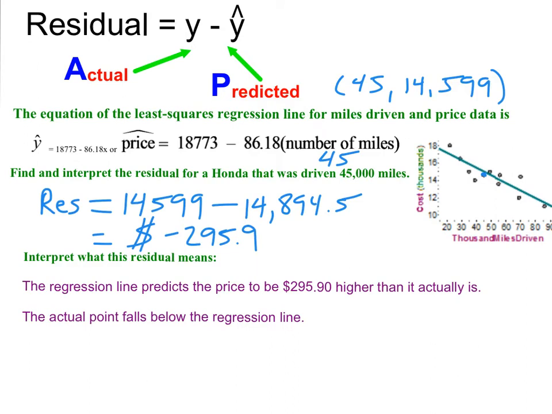The second part is you should be able to interpret it. The number's important, and the sign is important. We have no context to compare it yet, but we got a residual that's actually relatively small. We were predicting the price of a car that's almost $15,000, and we were off by less than 300. That's not too bad.